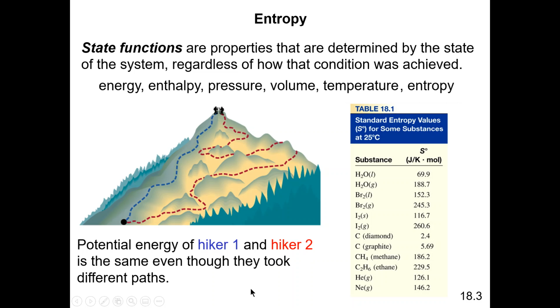So the net result would be the same for both hikers, even though one traveled a longer distance. It's the same idea with state functions. It doesn't matter how you get to a particular state at a particular temperature, pressure, etc. The state function value will still be the same. So entropy is what we're concerned with, and entropy is a state function.